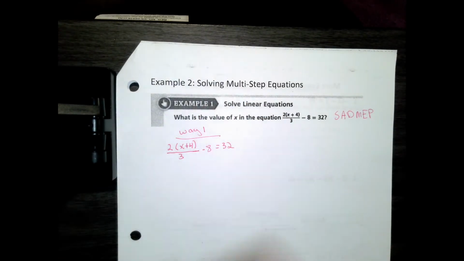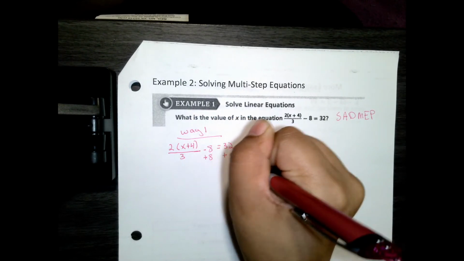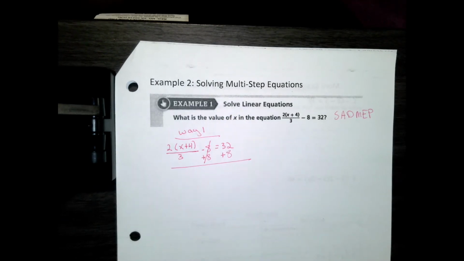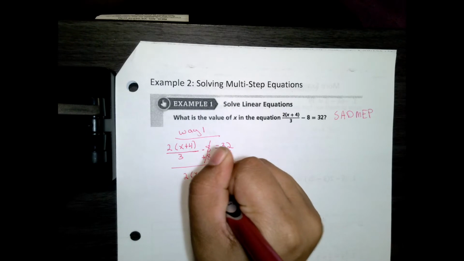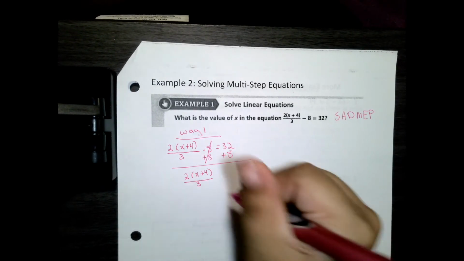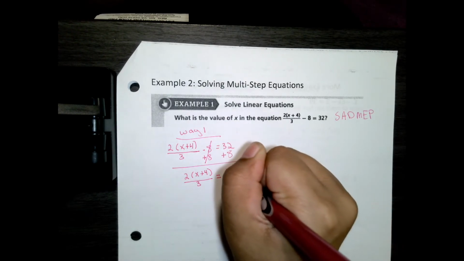Well, look, we've got this minus 8 here. So what we're going to do is we're going to add 8 to both sides. This gets rid of that, right? So we have 2 times x plus 4 in parentheses, all over 3. We leave it there because we haven't done anything with it, equals, well, what is 32 plus 8? That gives us 40.